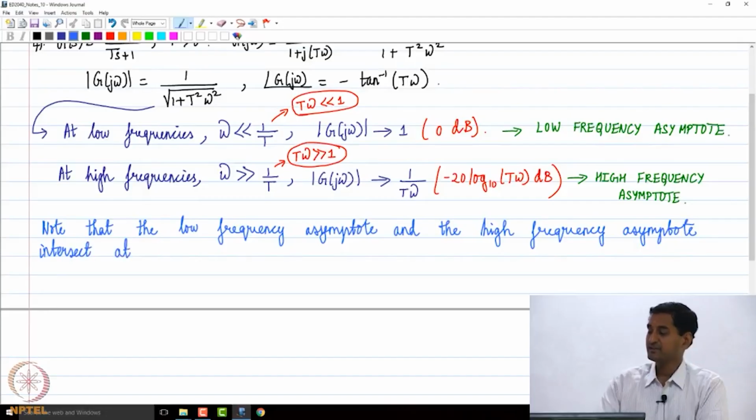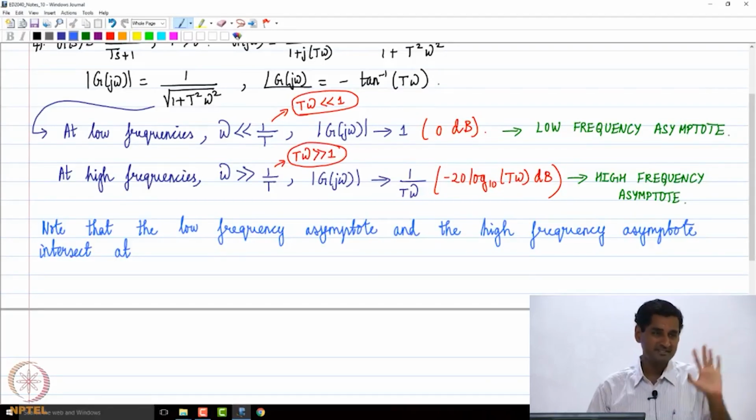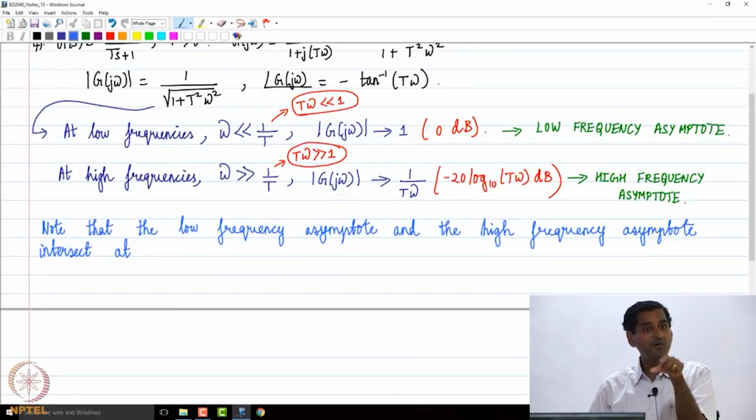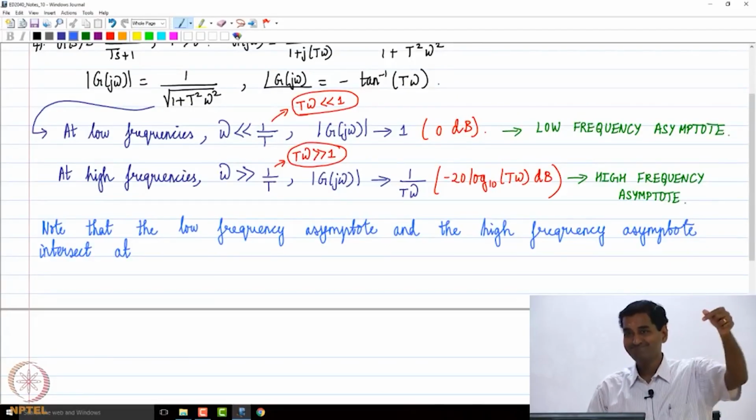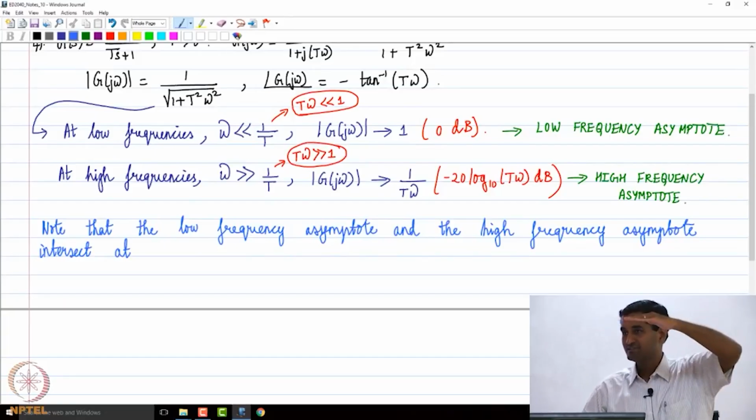Please note that the high frequency asymptote is going to be a straight line in the Bode plot. Why is it going to be a straight line? Because it is log of T omega, and of course T is a scalar. So we are going to plot omega on a logarithmic scale, and when you plot a logarithmic function on a logarithmic scale, that's obviously going to be a straight line. You see that the 0 decibel line is a horizontal straight line.